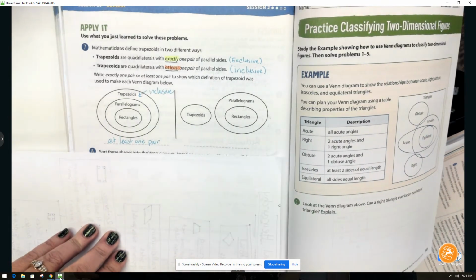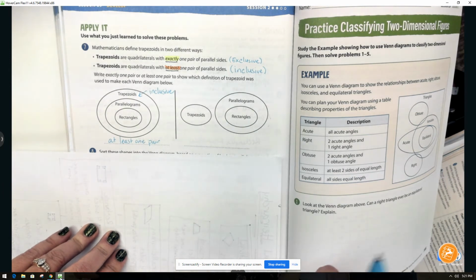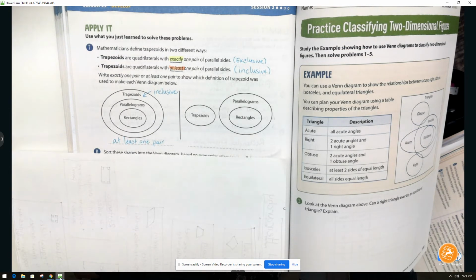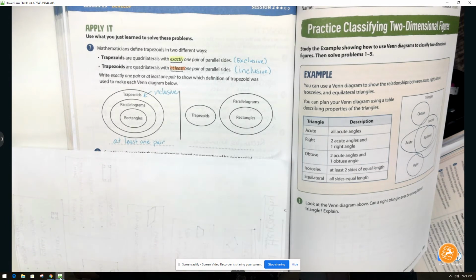Now, then we have exclusive trapezoids. Exclusive trapezoids are like, no, you can only have exactly one pair of parallel sides. And so that means in order to be called a trapezoid, you have to only have one set of parallel sides.